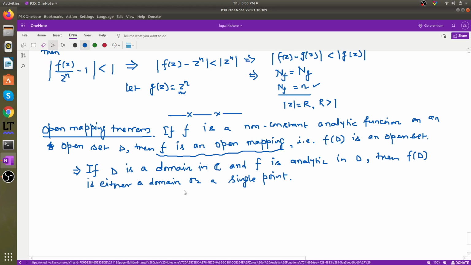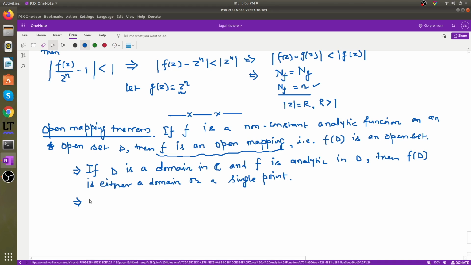So before proving this open mapping theorem, we are interested to do one application of it, since it simplifies some general problems in complex analysis.